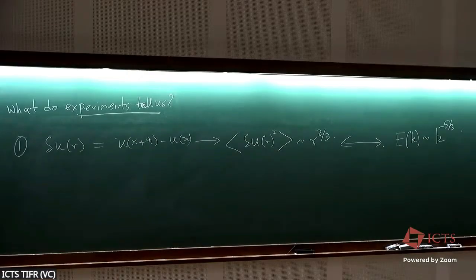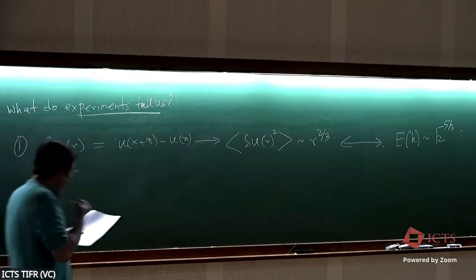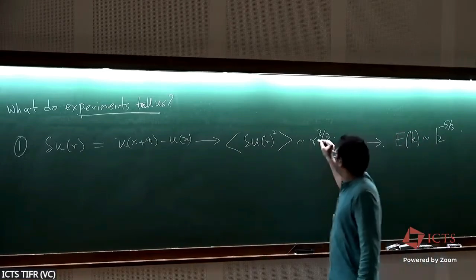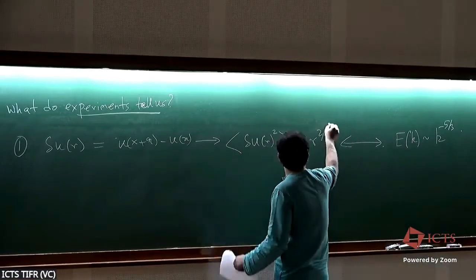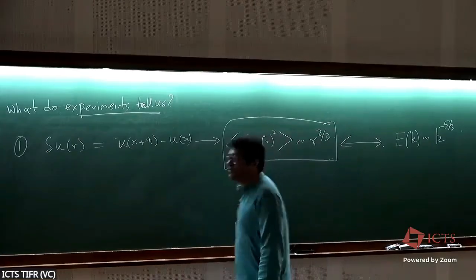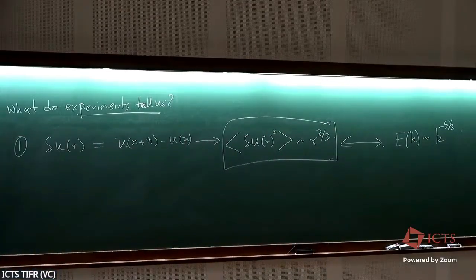Now we'll try and see why this relation is indeed correct in a slightly more precise manner, but let me nevertheless make the following statement: this particular relation can also be seen completely dimensionally, all right?